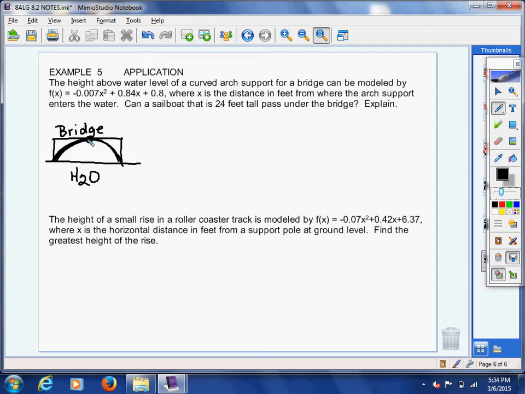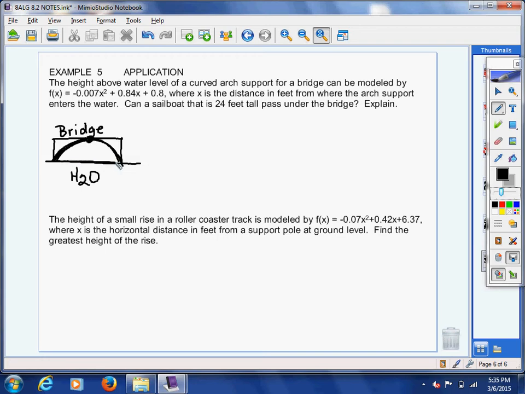The reason is because if they don't and they're pretty tall and it's a tight squeeze, they may hit that bridge and damage it, damage the boat. All kinds of things could go wrong. So we want to make sure that it can clear, and that sailboat's going to come under the bridge at its tallest point, and the tallest point is the vertex, okay?